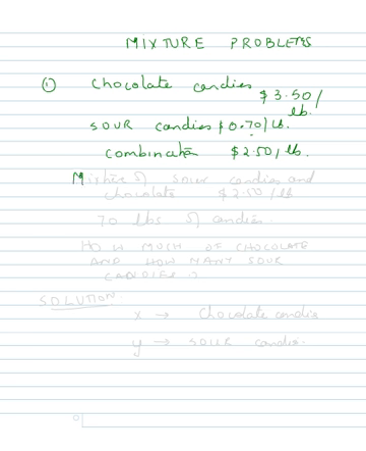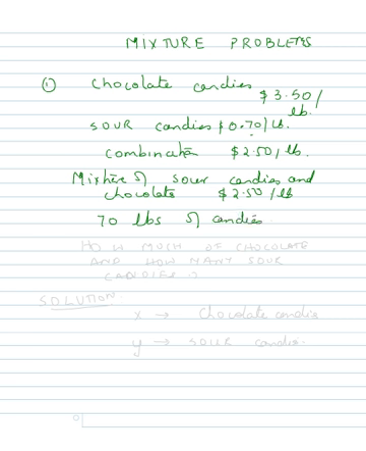So you want to find a mixture of sour candies and chocolates which will sell for $2.50, and you have 70 pounds of candies.